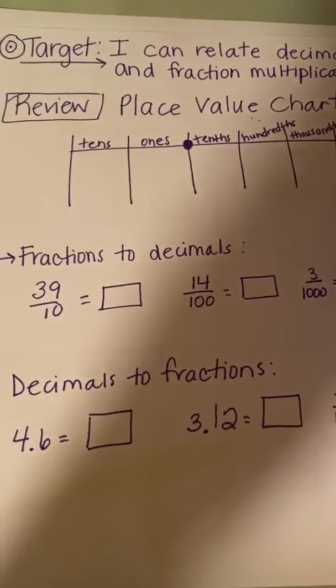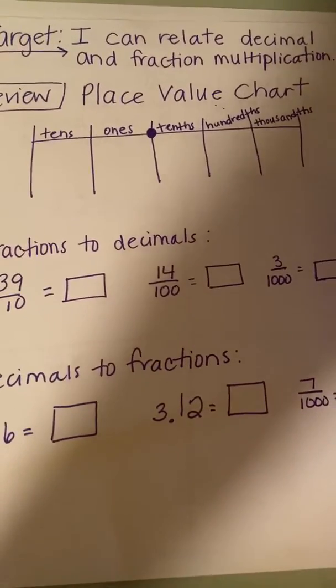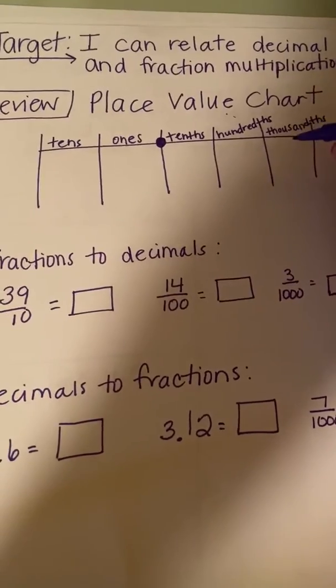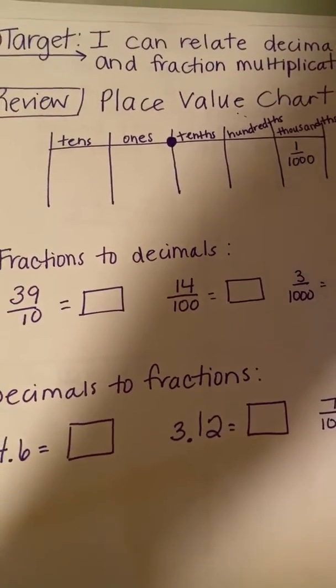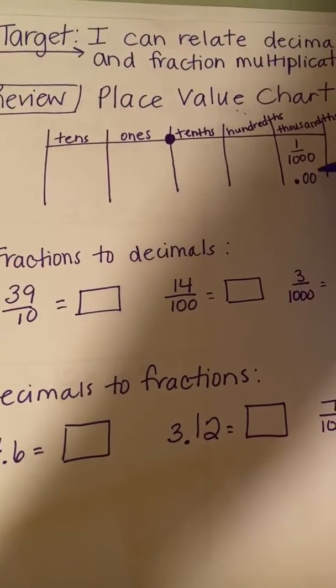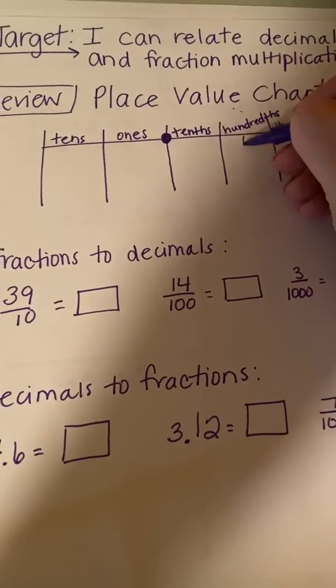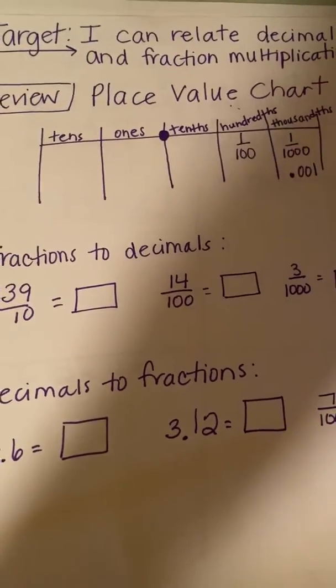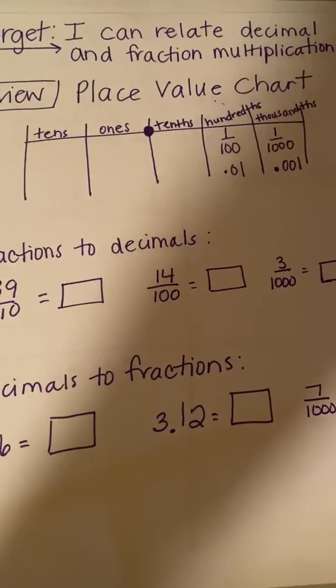So just as a review, we're going to write the two different ways that you can write the decimal. The thousandths can be written as 1 over 1,000 or decimal 0.001. The hundredths can be written as 1 over 100 or decimal 0.01.